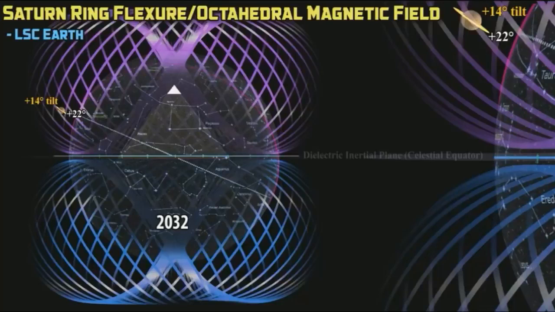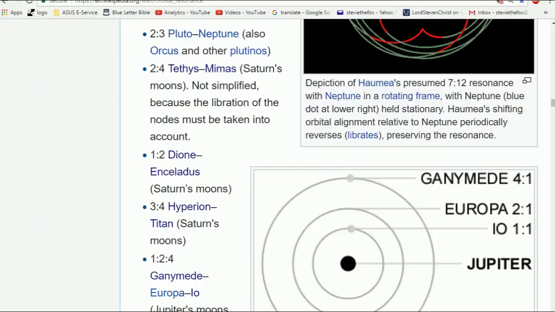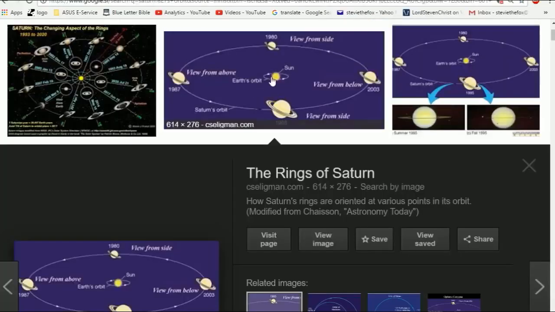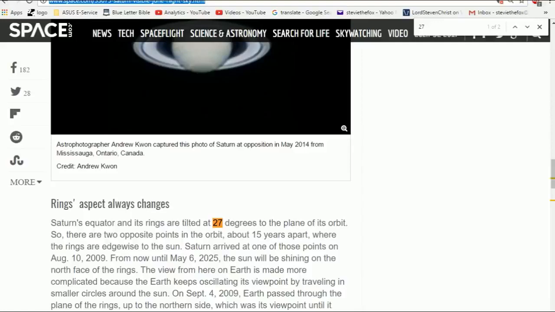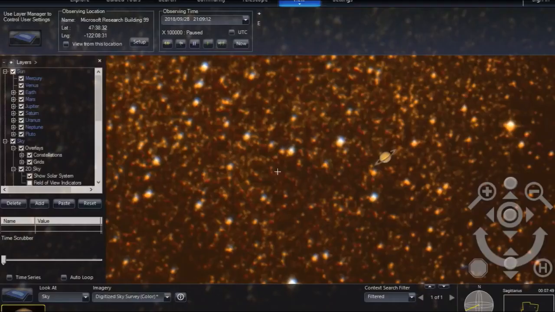Now they will tell you that Saturn will be at a 27 degree angle in a heliocentric model. These beautiful cheesy graphics that they give you. Yeah, 27 degrees. Saturn's equator and its rings are tilted at 27 degrees. Now just think about how cheesy that looks. Go into Worldwide Telescope here and we'll play the ring.